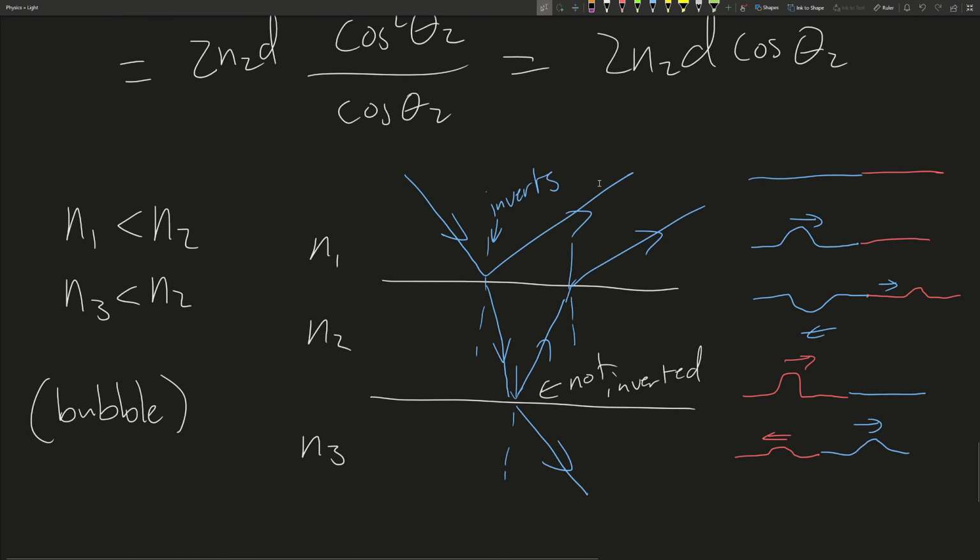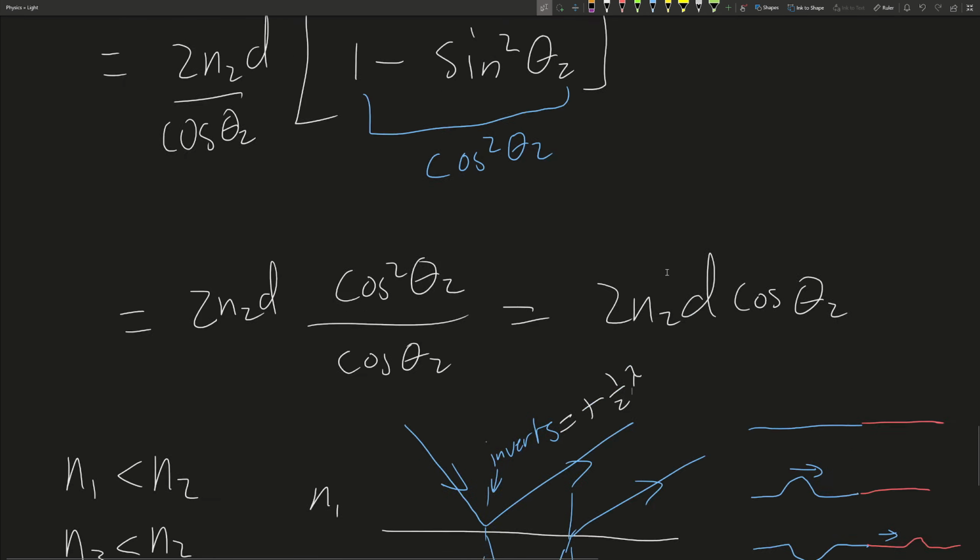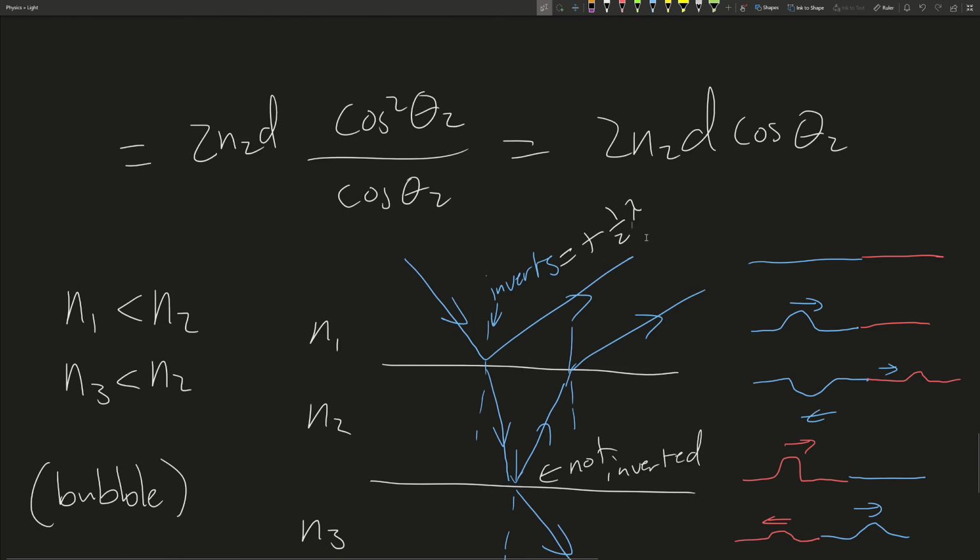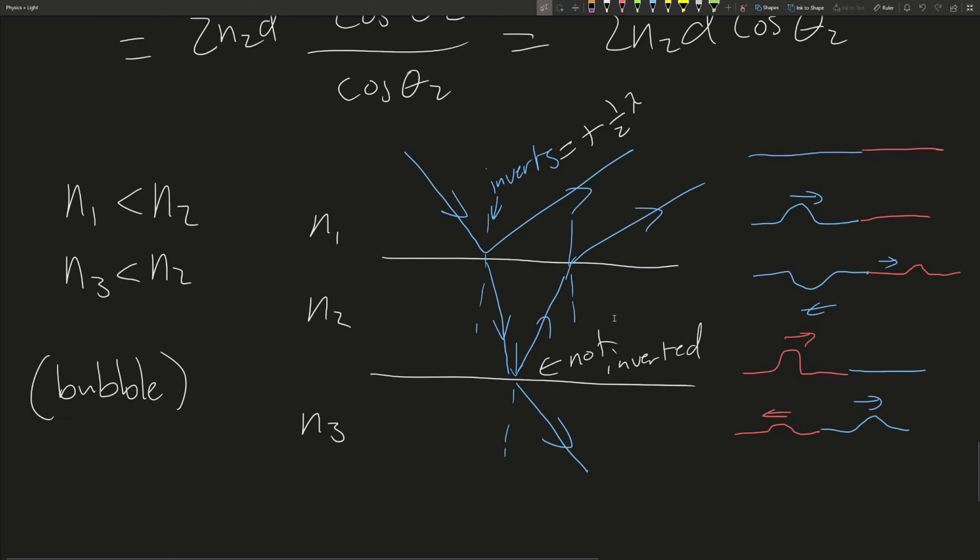So an inversion is equivalent to adding half a wavelength. And so destructive interference occurs when it's half a wavelength offset, or it's between two integer wavelengths.